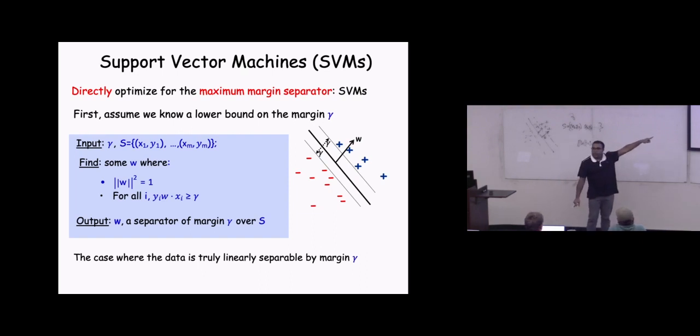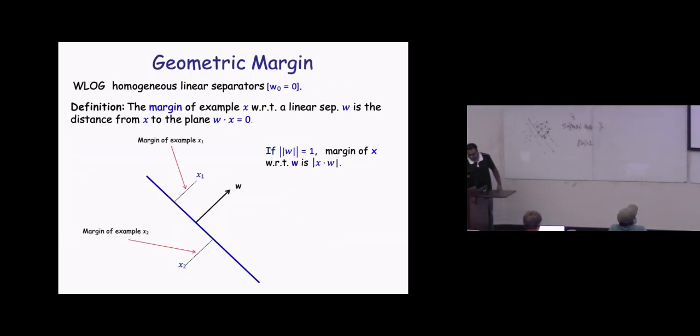And also we need that vector to be a unit vector. Why? Because that's how we define margin. That's our definition of margin. Remember? When we defined margin, if we go back here, you see?